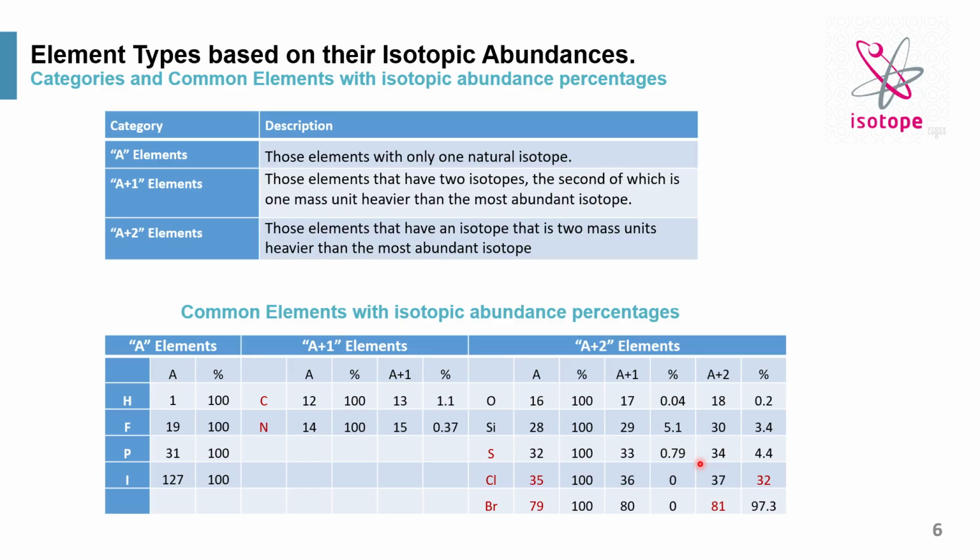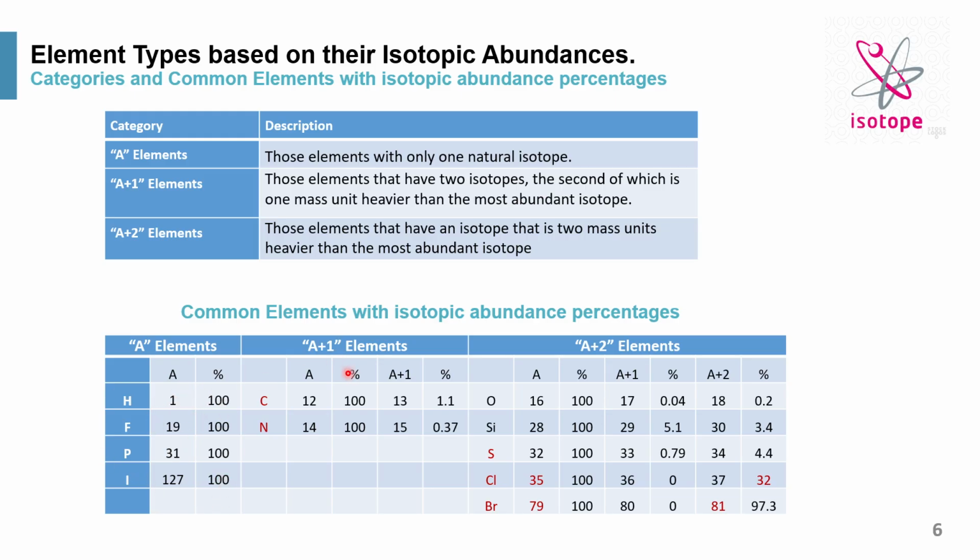This slide talks about different element types based on the isotopic abundances or the natural abundances. There are three different categories, called A elements, A+1 elements, and A+2 elements. So A element is an element with only one natural isotope, such as in the list here, hydrogen, fluorine, phosphorus, and iodine, where there's 100% natural abundance on these elements.